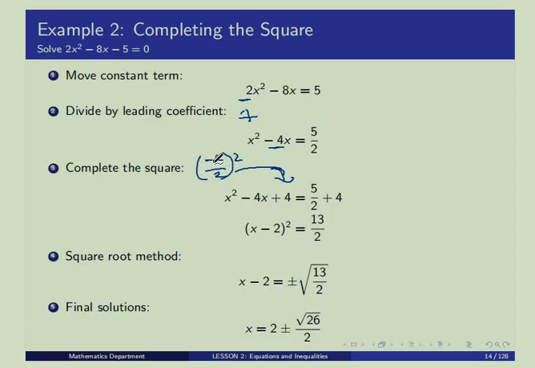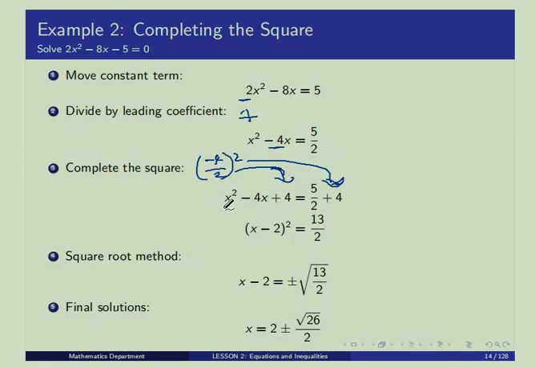So you divide by 2 and then square. If you divide by 2 here, you get minus 2, you square that, you get 4. You add 4 to both sides. This is where this 4 is coming from.